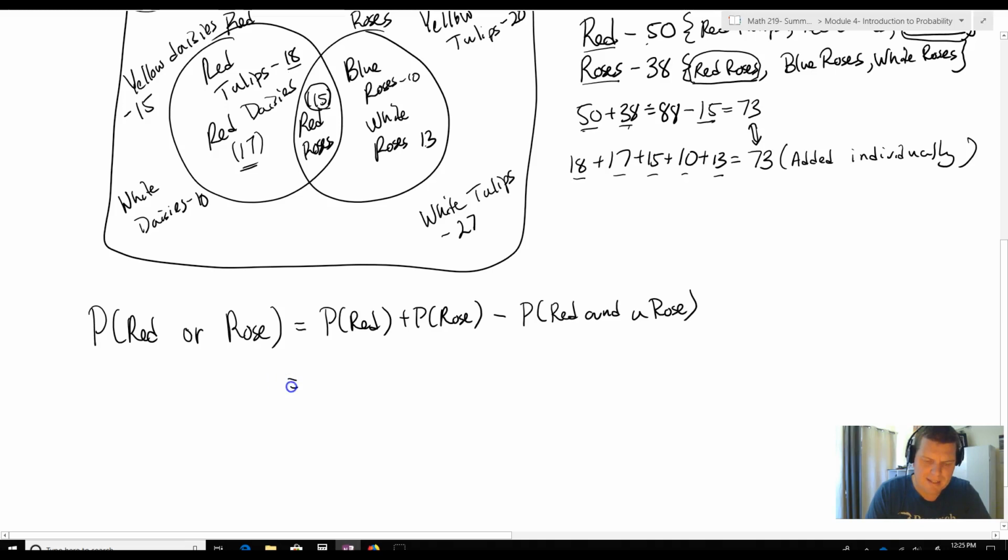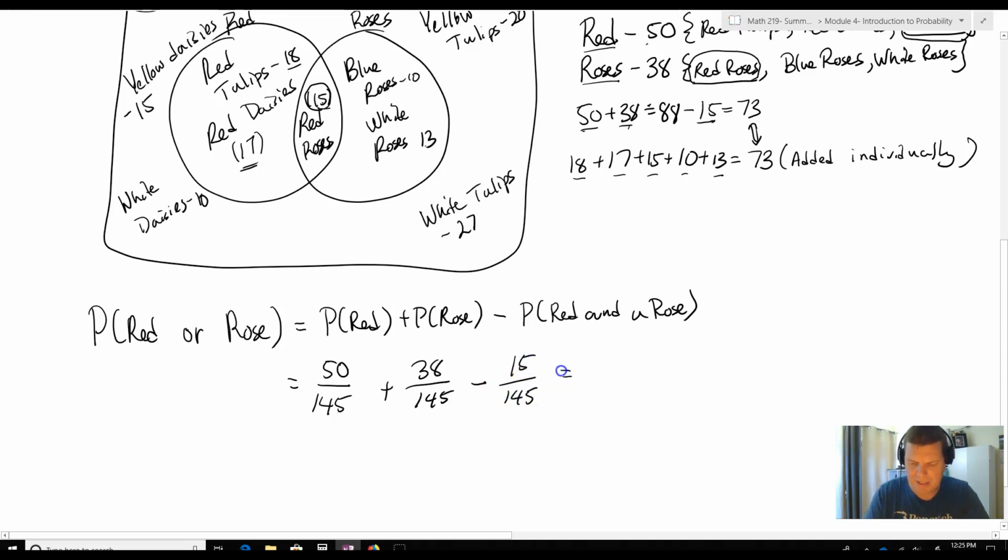So, we can see in terms of our totals, red was 50 out of 145, plus probability of a rose, that's 38 out of 145, and then we're going to subtract 15 out of 145.